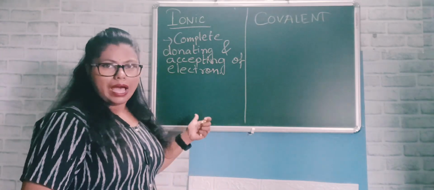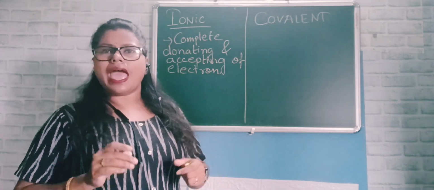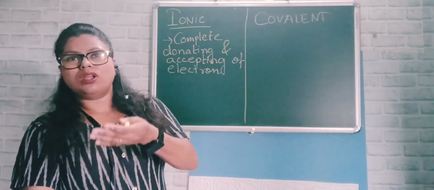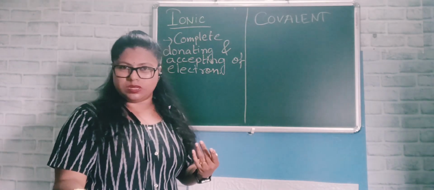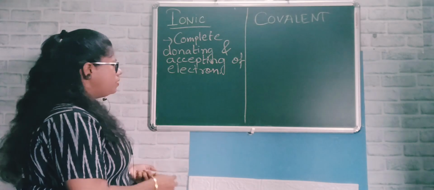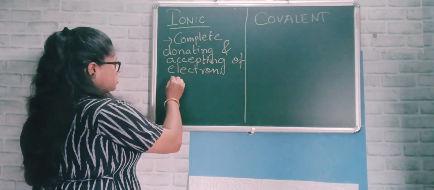So in an ionic bond, there is actual donation of electrons and someone to actually accept them. How does it work? Let's see one example, NaCl, which we talked about just now.